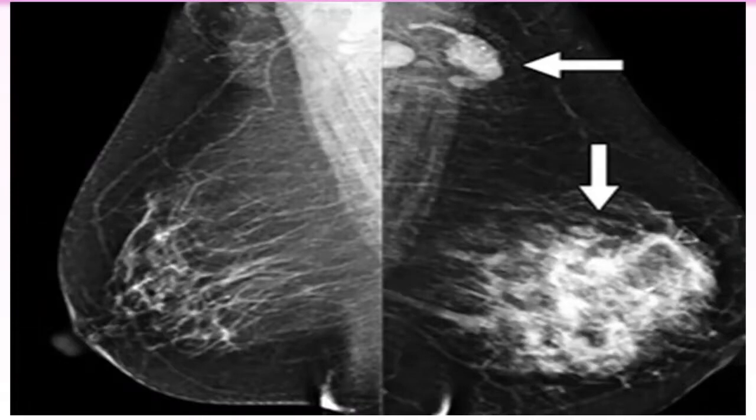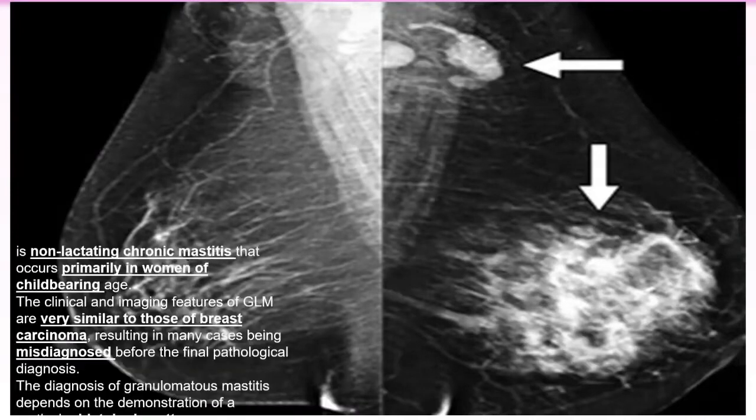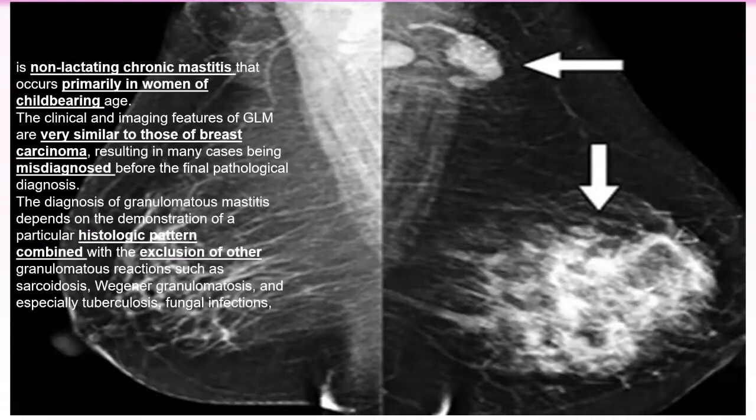We call it granulomatous lobular mastitis. It is a non-lactating chronic mastitis, primarily in women of childbearing age, and very similar to breast carcinoma clinically and radiologically, so it can be misdiagnosed.